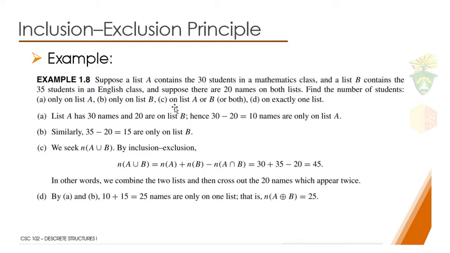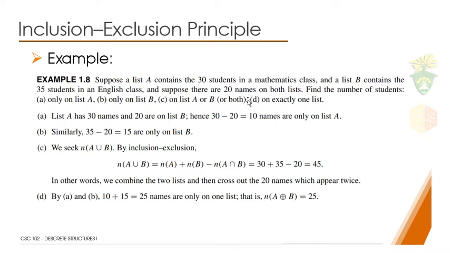Now, on C, we have on list A or B or both. We want to know how many students are in the two classes, the two lists, A and B. Okay?